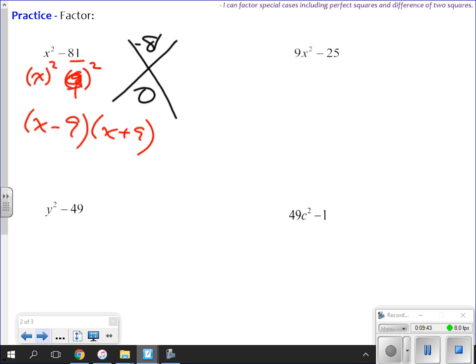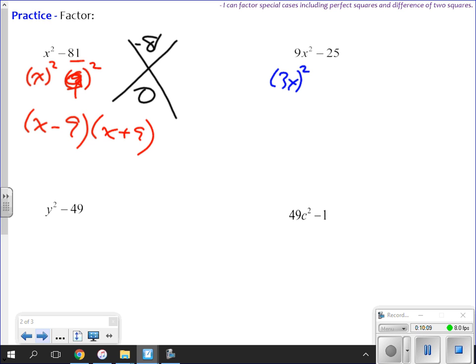If you don't know your perfect squares, you have a square root button in here. Second, and then the x squared button will give you the square root of 81. Which is 9. Yes. I look at the second one, 9x squared. Well, 9 is a perfect square, right? That's 3 squared plus the x, so I have 3x squared gives me 9x squared.